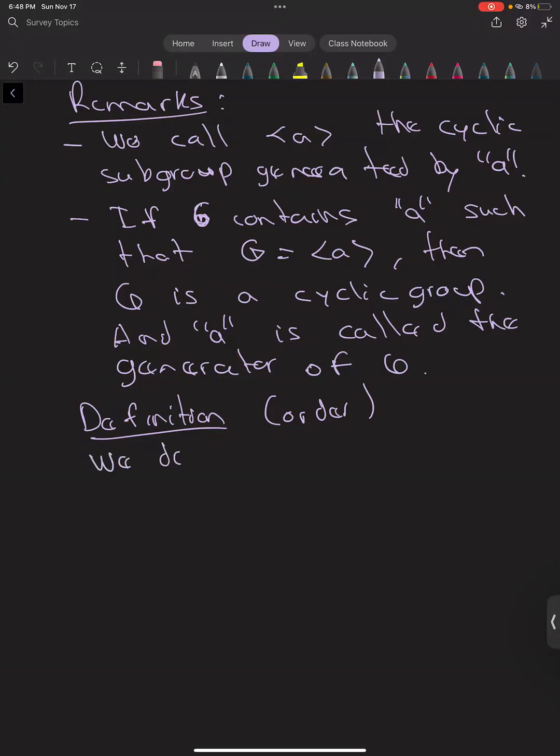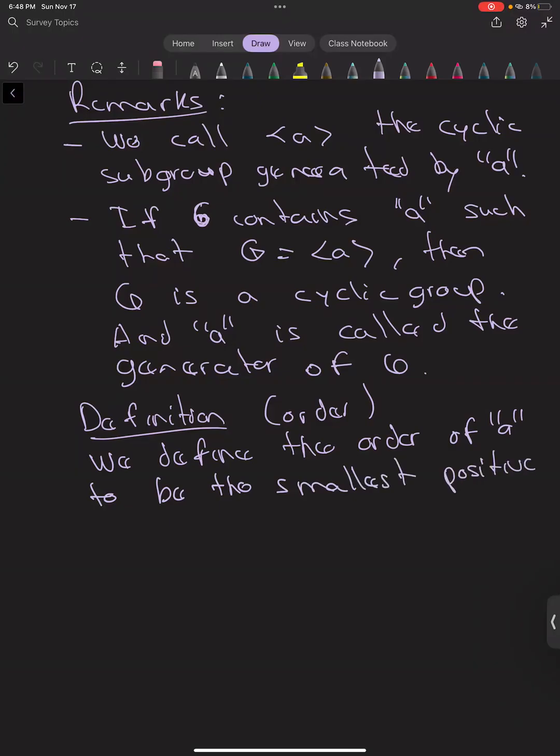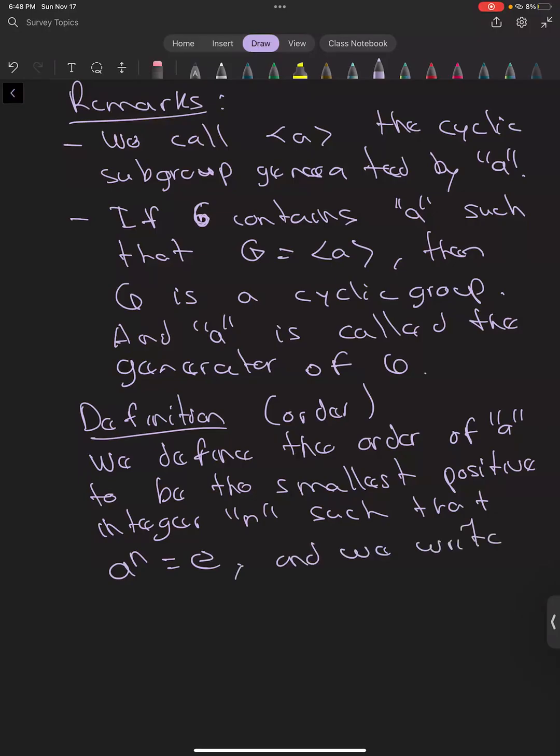We define the order of A to be the smallest positive integer n such that A to the n equals E. And we write order of A equals n.